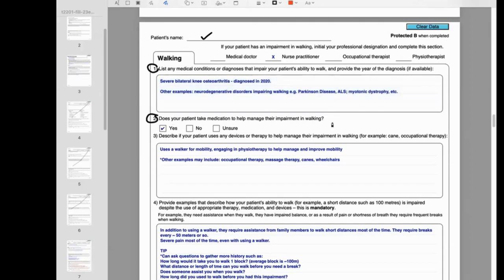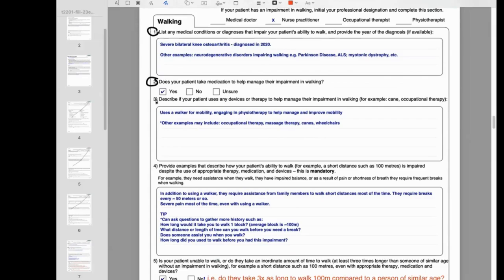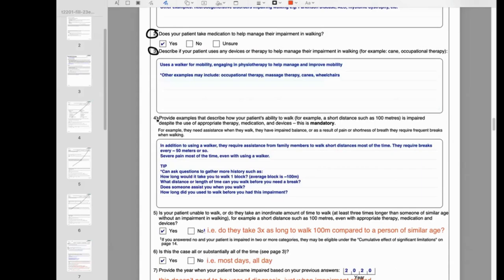Might be yes, might be no, or you might be unsure. Step three, we want to describe if the patient uses any devices or therapy. So again, that could be walkers, canes, wheelchairs, etc. Number four, here's where the CRA wants us to provide as clearly as we can examples of how your patient's ability to walk is impaired.